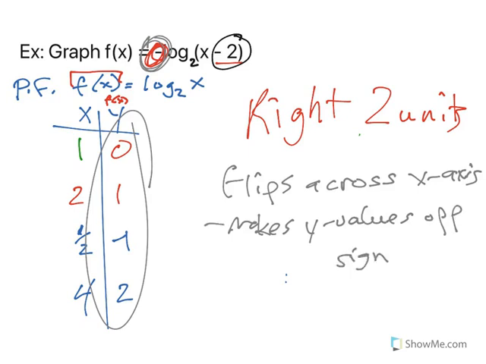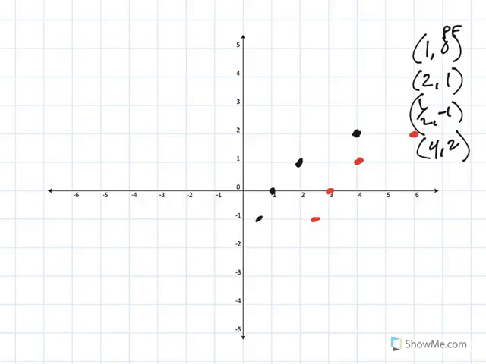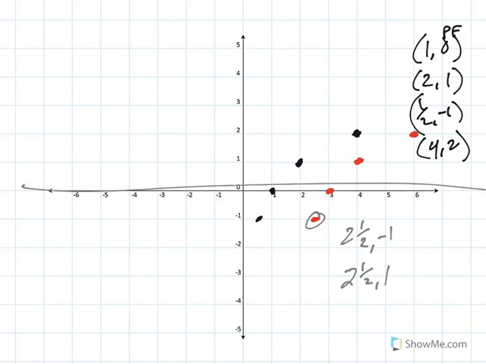That's what it means by flipping across the x-axis. So when you think about this, this point right here is 2.5, negative 1. If I flip that across the axis, it would be 2.5, positive 1. So everything is just going to flip across the x-axis.